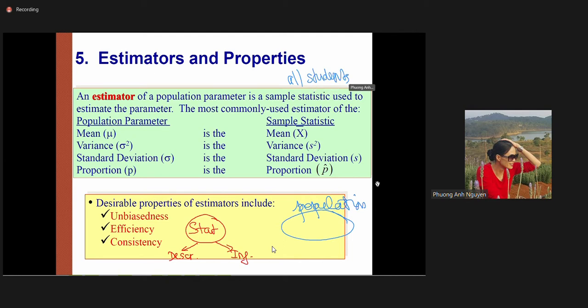The features of the population are called parameters, defined as the features of the population. In this way, the parameters are unique, but often unknown.